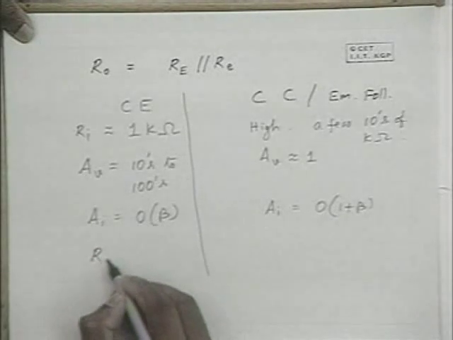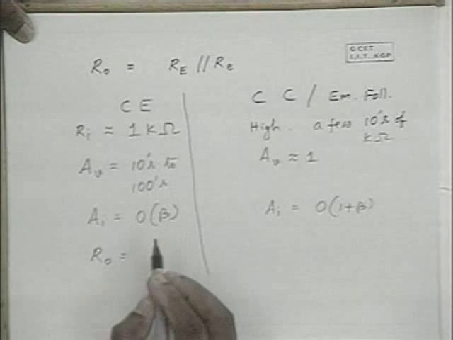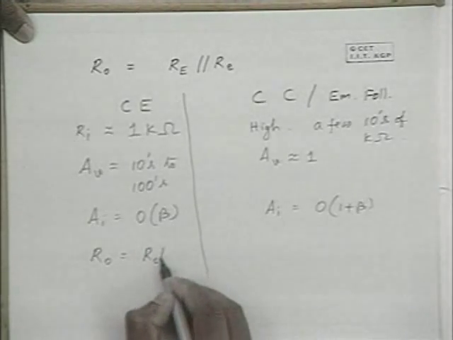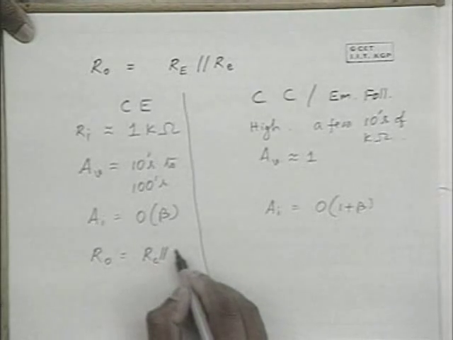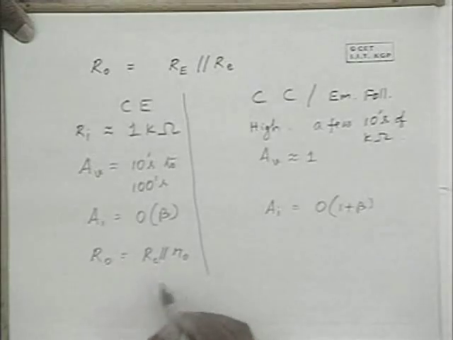And the output impedance here, when you use the accurate analysis, is RC in parallel with R naught, which is 40 kilo ohms typically.